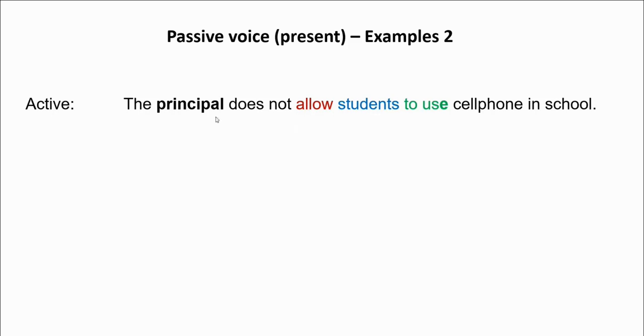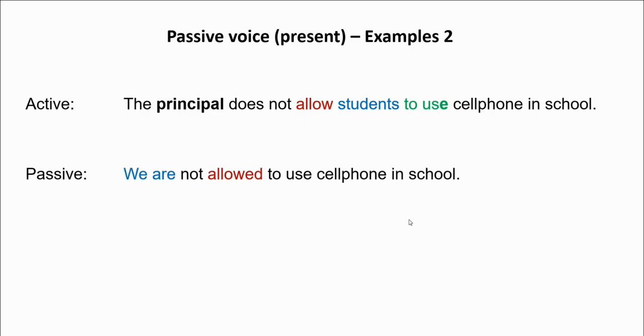This is a negative: does not allow students to use cell phones in school. So in the passive, this becomes we are not allowed to use cell phones in school.